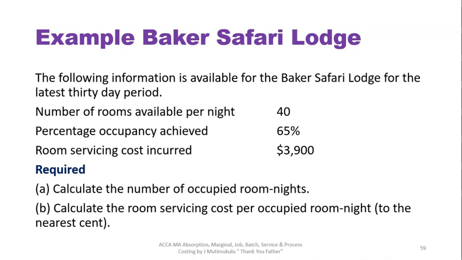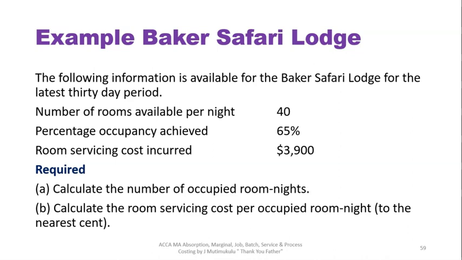All right, so the following information is available for the Baker Safari Lodge for the latest 30-day period. Number of rooms available per night, that's 40. Then percentage occupancy achieved, 65%. Room servicing cost incurred, 3,900. Calculate the number of occupied room nights.